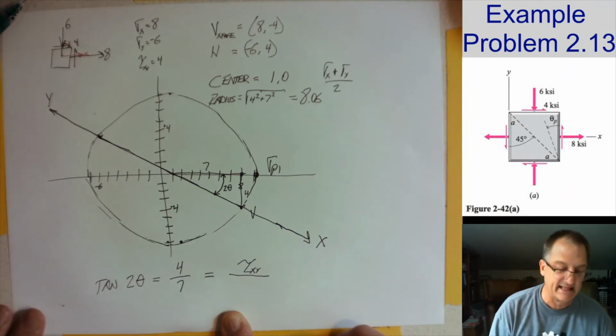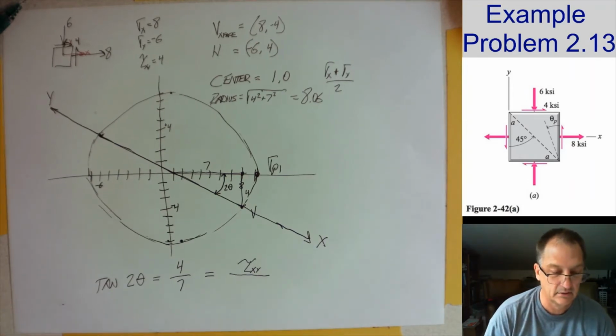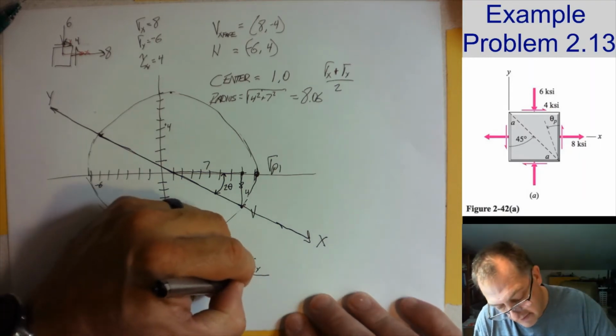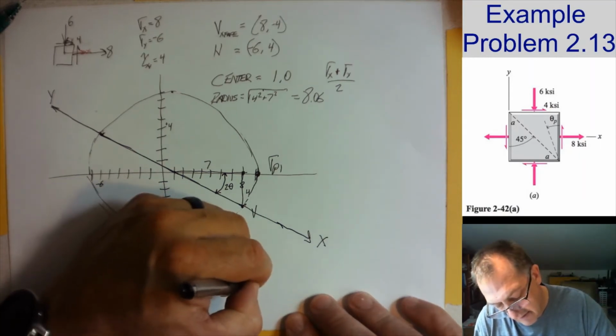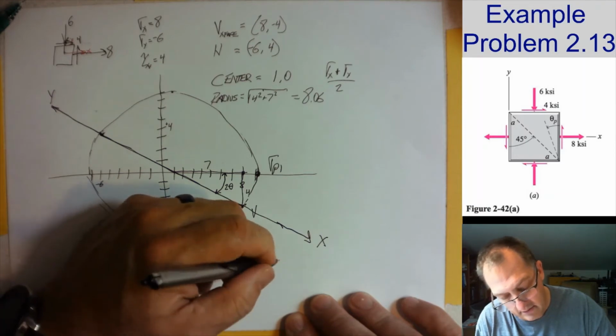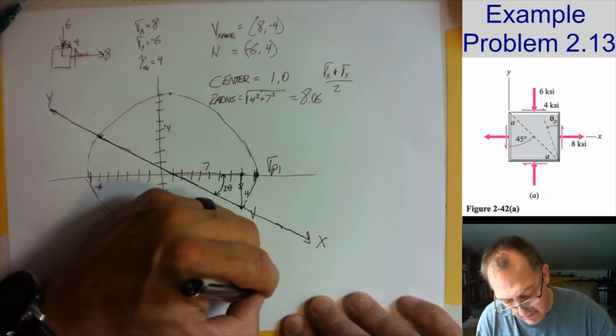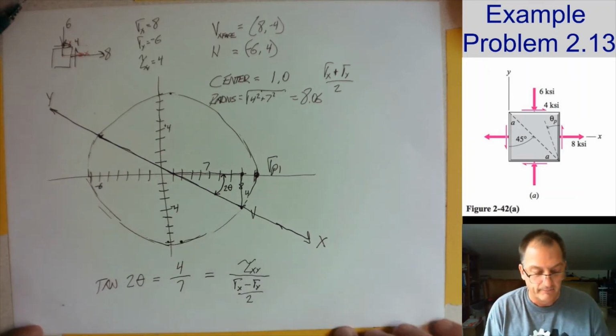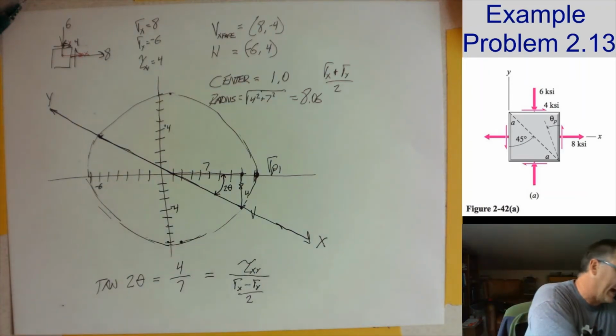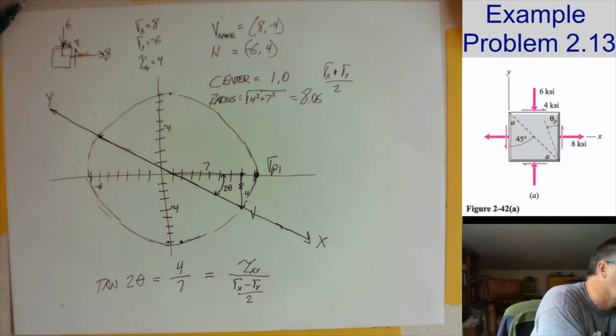What does the 7 represent? Well, it's sigma x minus sigma y, divided by 2. And now if we go back and look at our equations, I don't have the equation number.